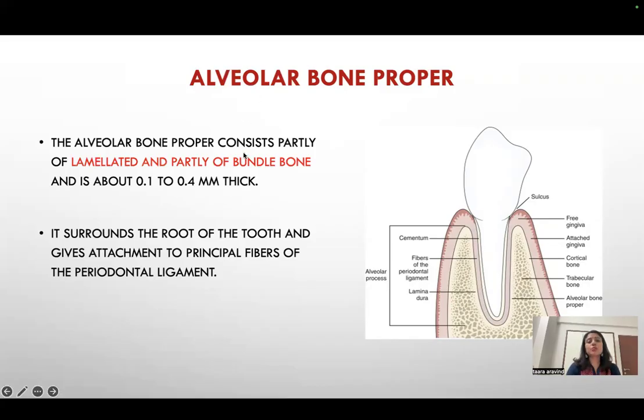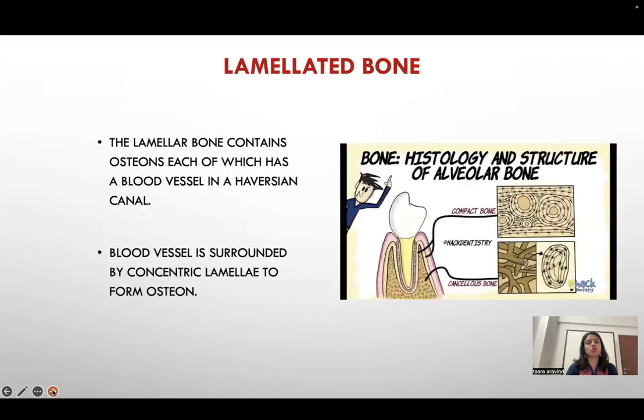This alveolar bone proper can again be divided into lamellated and bundle bone. It surrounds the root of the tooth and it gives attachment to principal fibers of the periodontal ligament. The lamellated bone contains osteons.